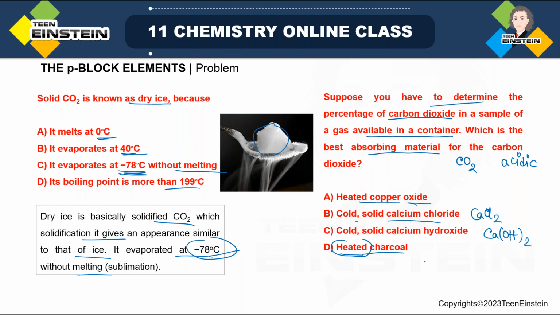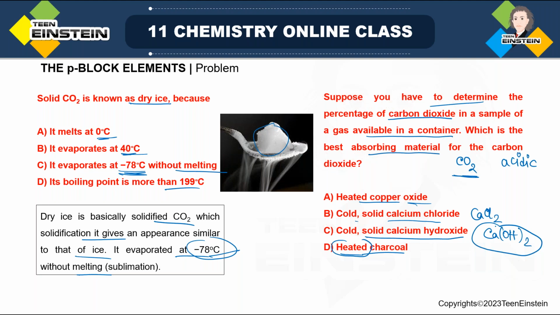And we have also seen in the properties section of CO2 how it reacts with lime water. Now we have not taken lime water solution. We have taken solid calcium hydroxide. It is solid, not lime water, because we are trying to absorb it. In the solid form, Ca(OH)2 can absorb CO2 because it is basic in nature and CO2 is acidic in nature.